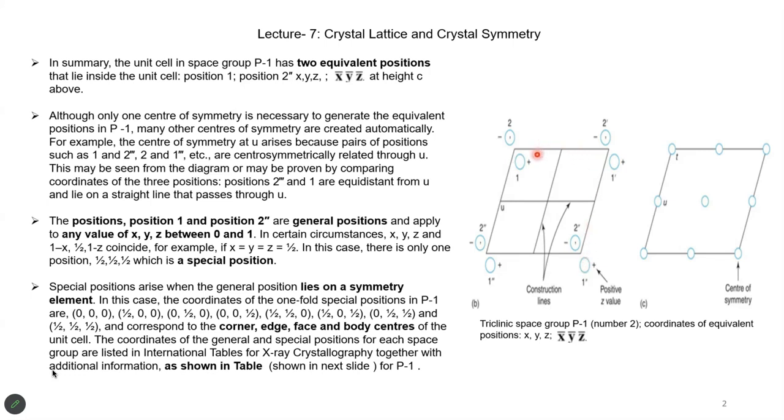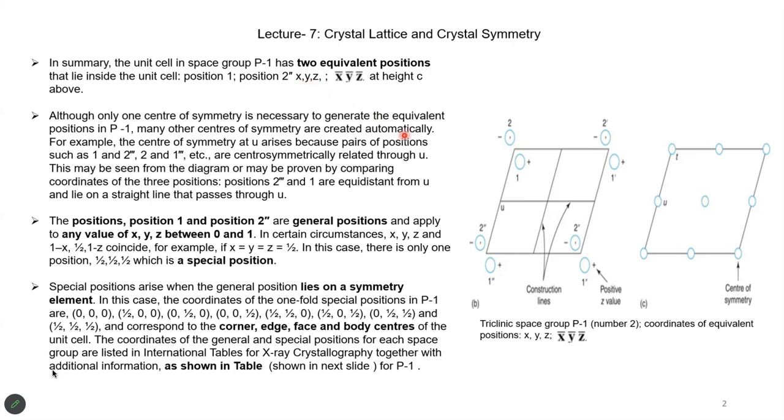Those 2 positions are called equivalent positions, and equivalent positions are expressed in x, y, z, and the value, as I said in the last lecture, is from 0 to 1. You can take any value from 0 to 1, fractional or non-fractional.